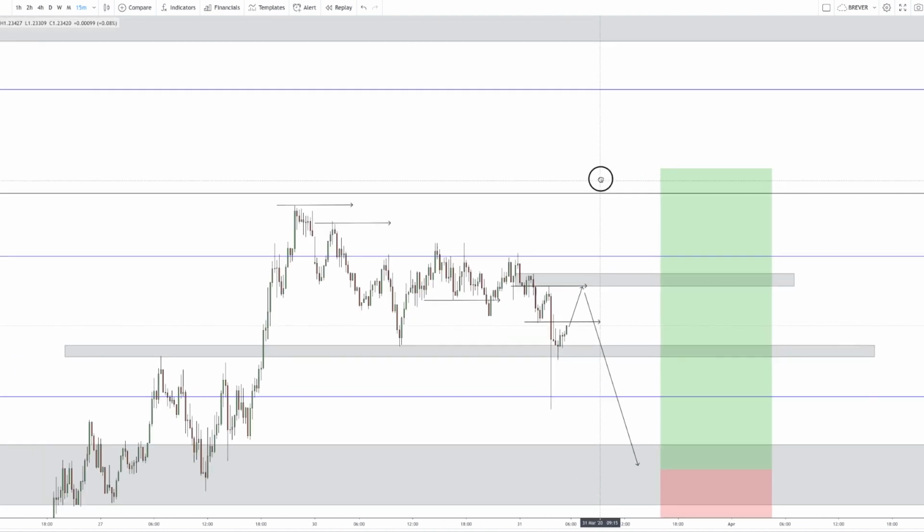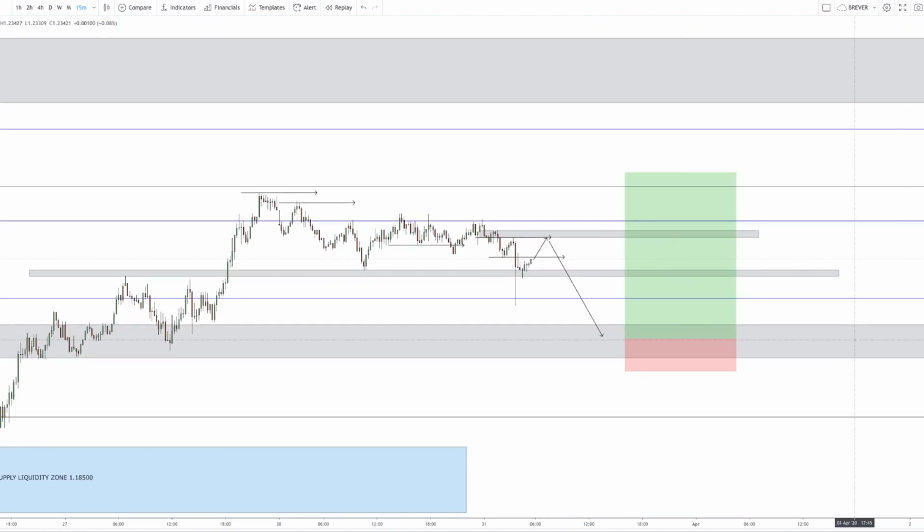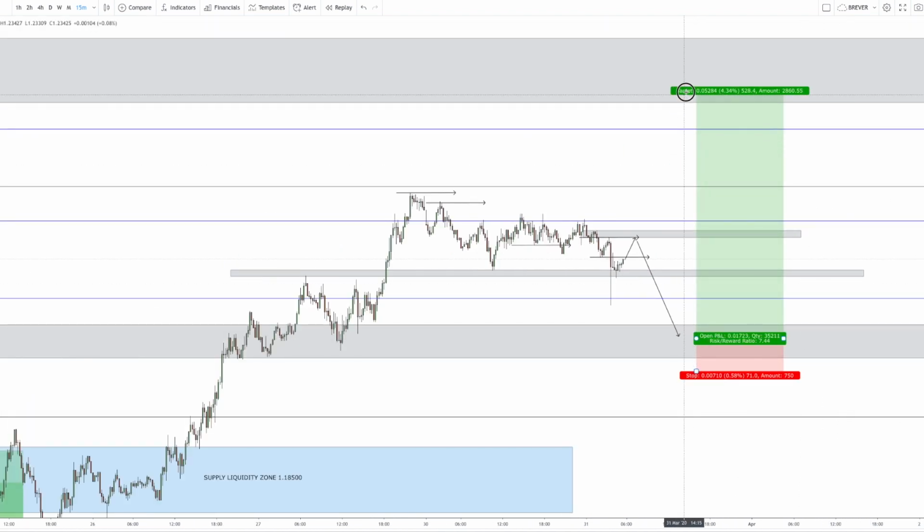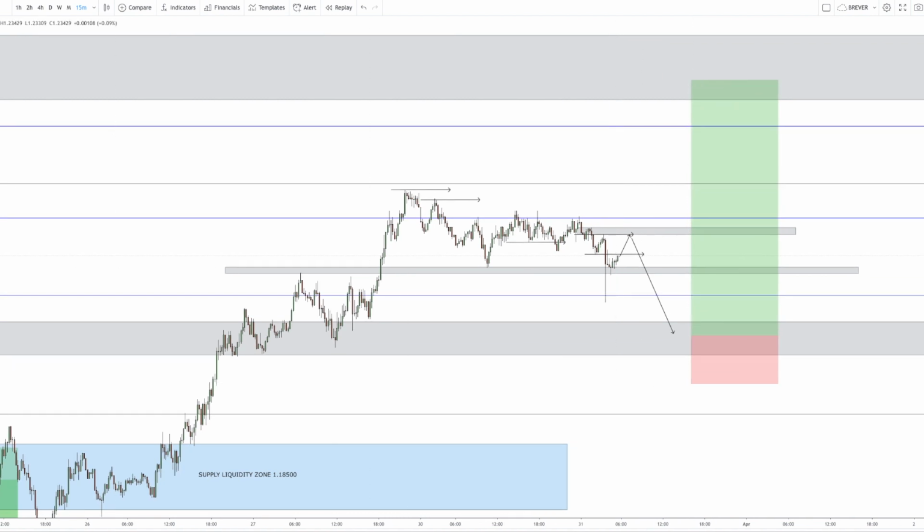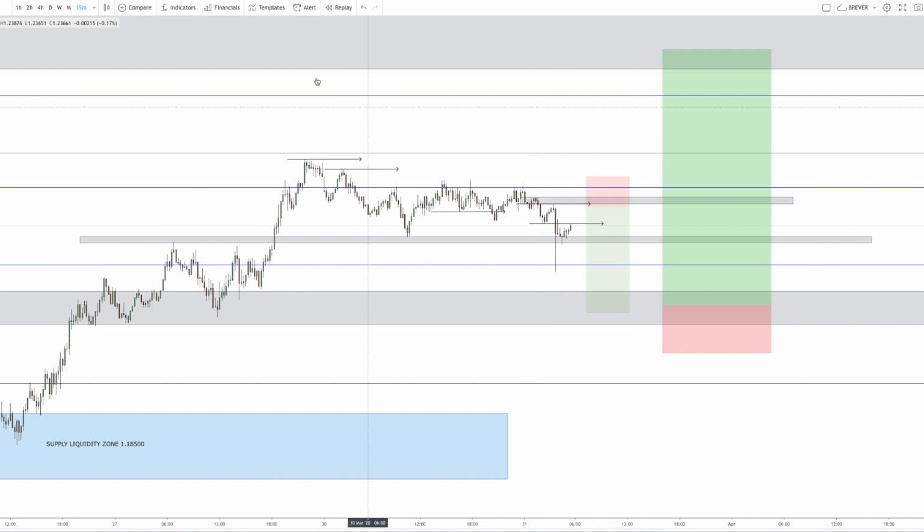So here we have a long-term long trade, then short-term, nice RR. That stop is quite high, but still a 1.3 trade is good.